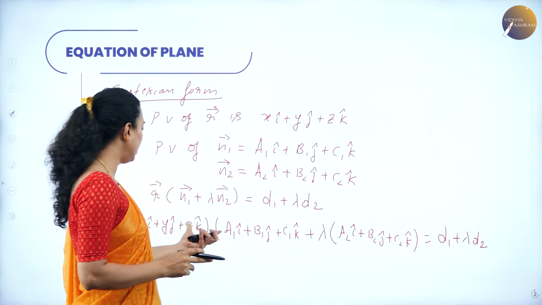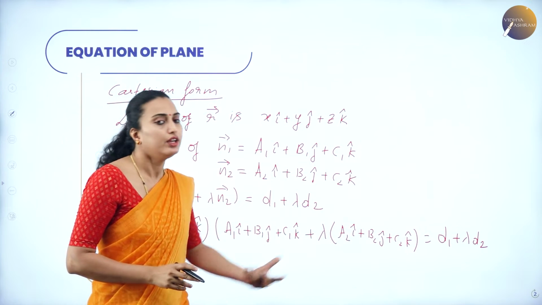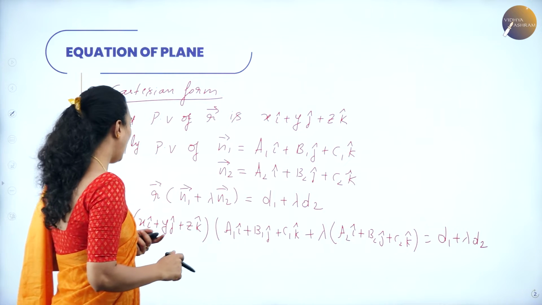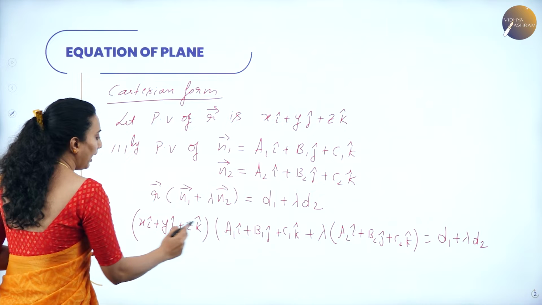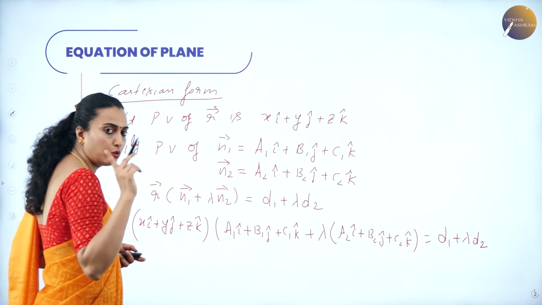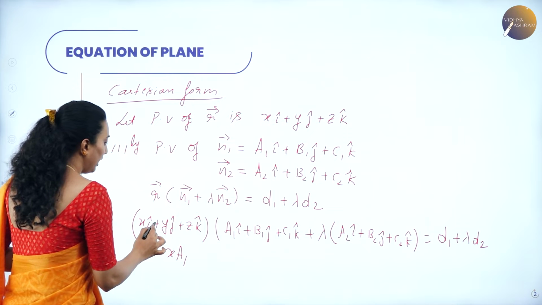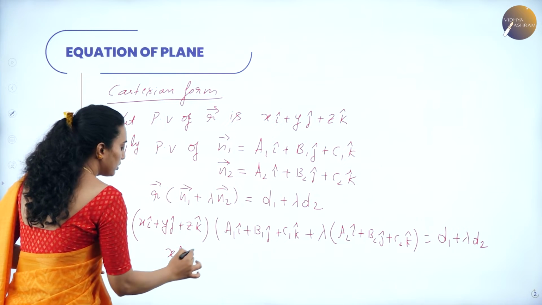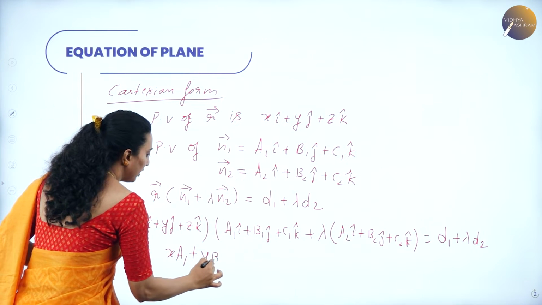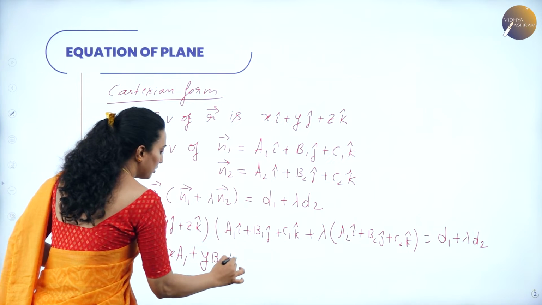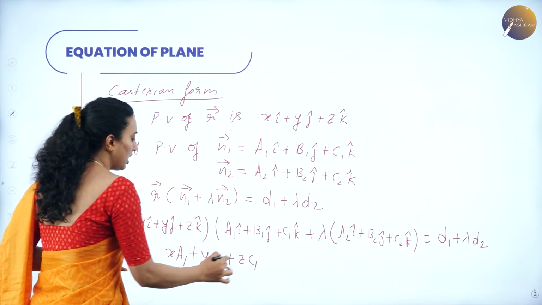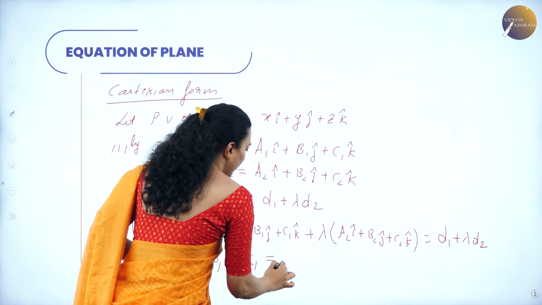You can multiply these two and then you can multiply these two. If you multiply that, you are going to get x into a1, since i dot i is nothing but 1, again plus j dot j is 1, so y into b1, again z into c1 is equal to, what are you going to get? d1.